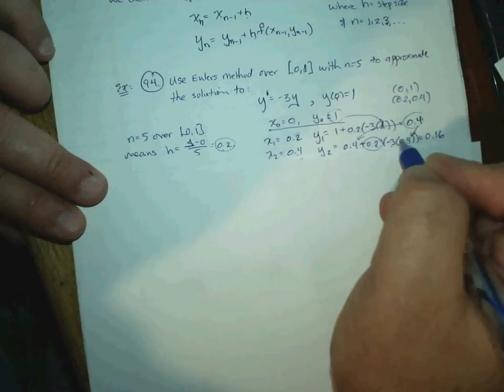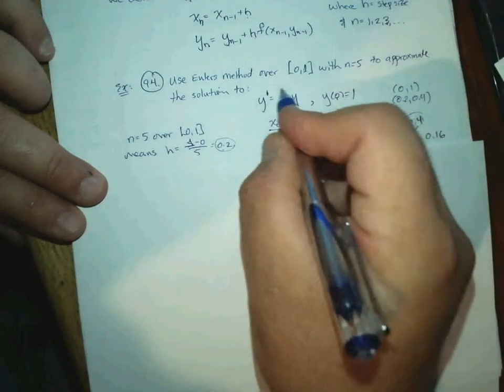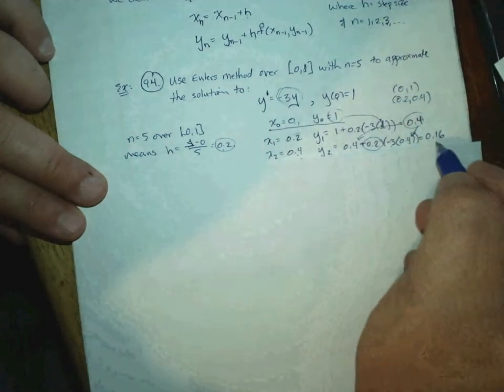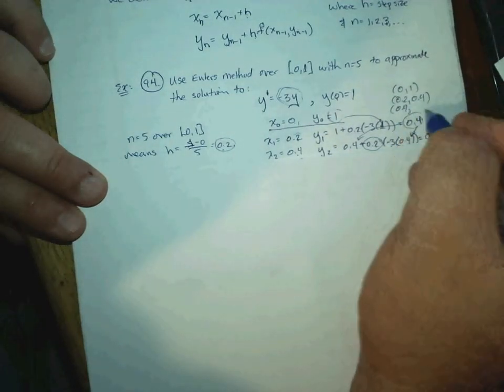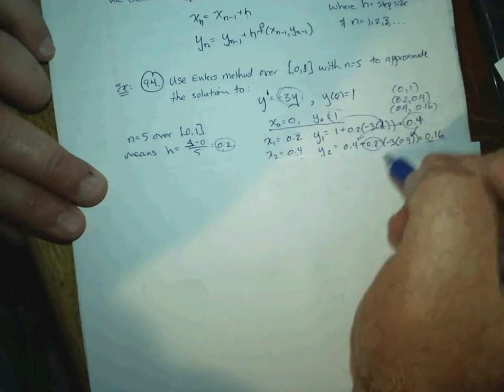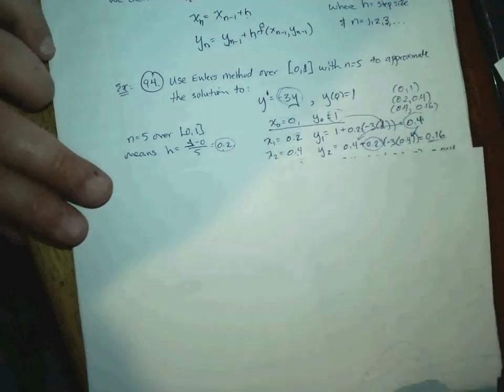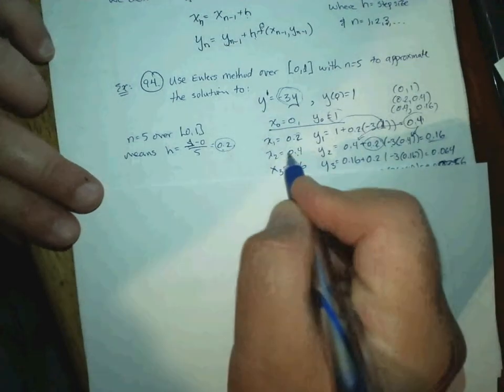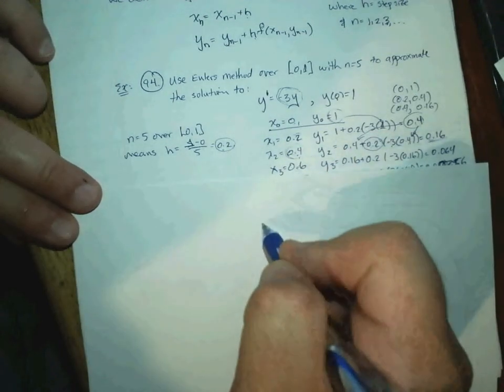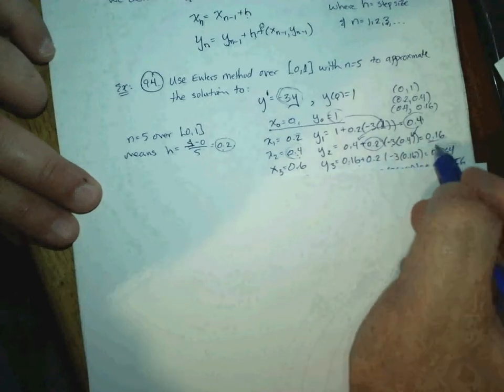So 0.4 plus 0.2 times negative 3 times 0.4, as indicated from this function again, gives us 0.16. So now we're at the point 0.4, 0.16. Continuing the iteration, at x3 we get 0.6, that is the previous x value plus 0.2.